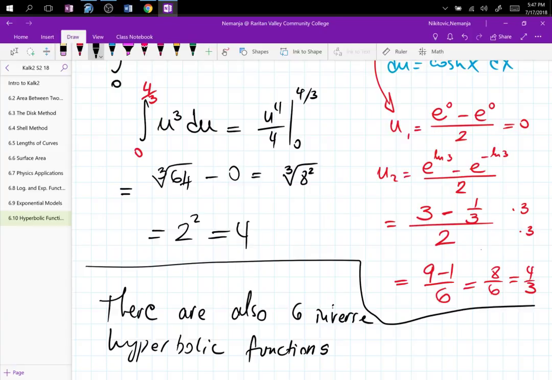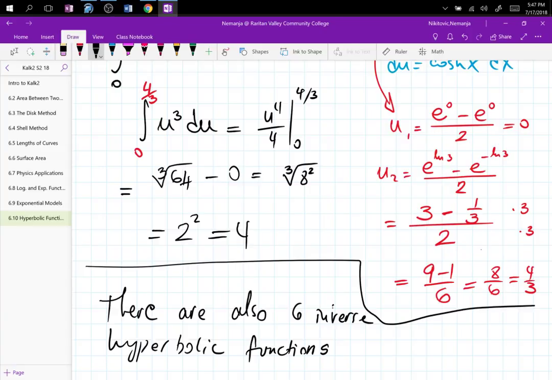Trig has to worry about the one-to-one and on-to conditions, because it's periodic. I mean, all of the inverses should worry about that, but the issue for trig is that when you find an inverse and you plot it, the inverse is not a function unless you restrict the domain. Now, these guys are not periodic, so at least it eliminates that part of the calculation.